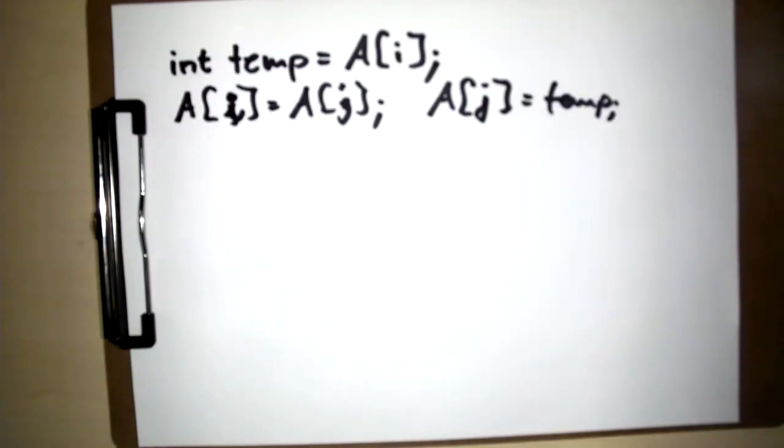Now, here's another example. Suppose that we have a pointer head to point to the beginning of a linked list, and the pseudocode says something quite similar to swapping these two elements A[i] and A[j]. It says swap the head and the next element in the list. So you have a long linked list, and we just want to swap the first and the second element. Any idea?